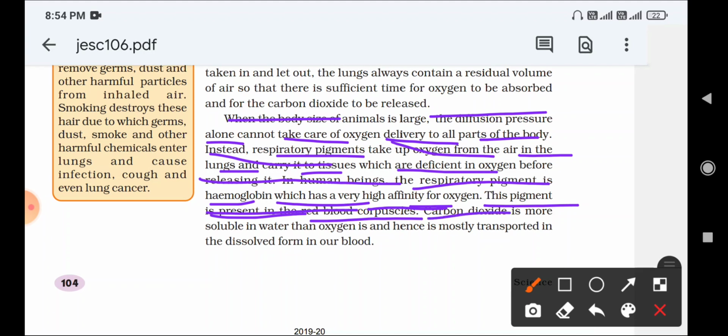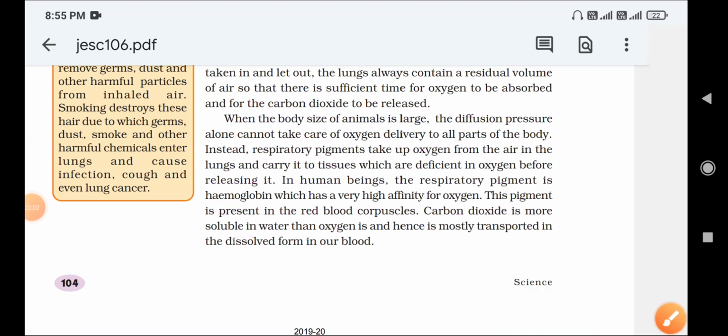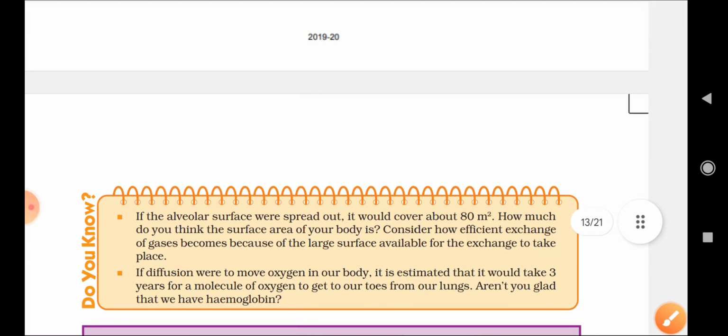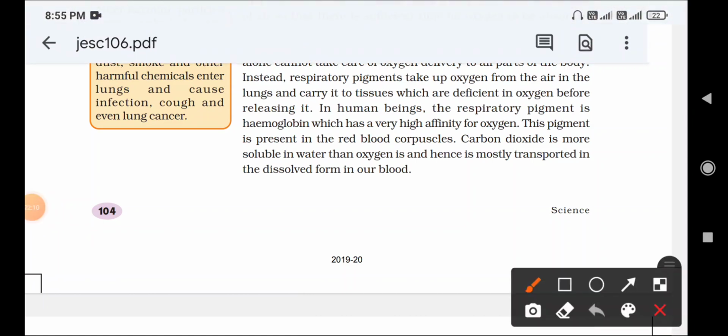Carbon dioxide is more soluble in water than oxygen, and hence it is mostly transported in dissolved form in our blood. So this is how transportation takes place in human beings.